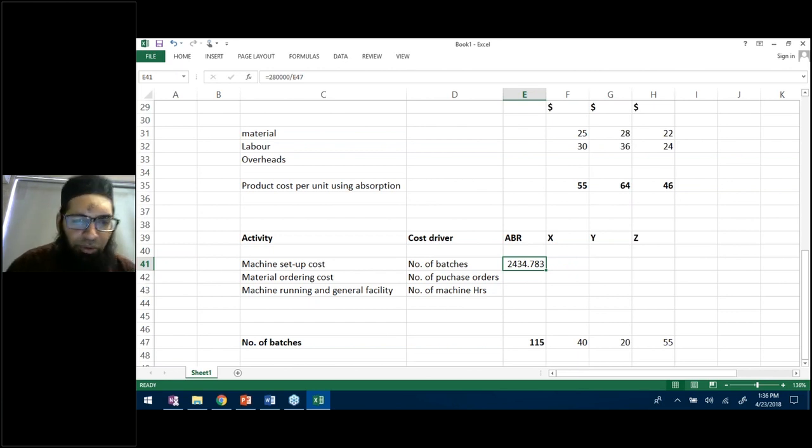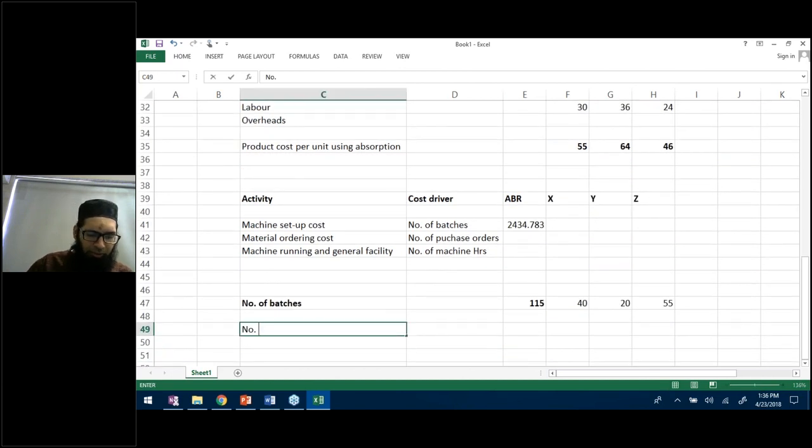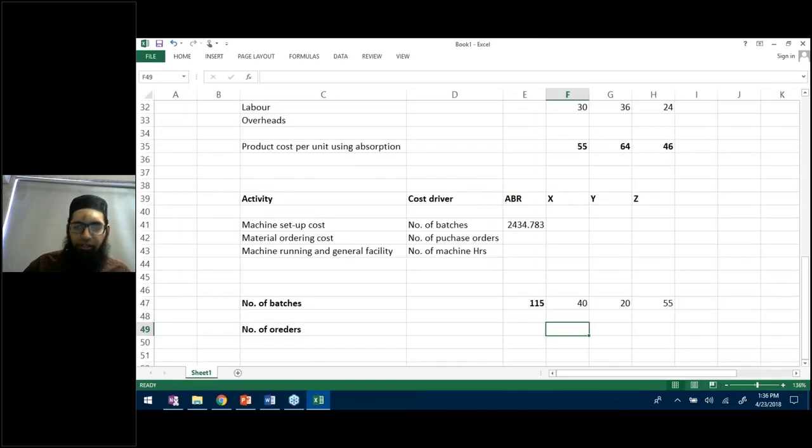Similarly, talking about the material ordering cost, we will be requiring the number of orders, and we have to work out this as well. The number of orders are 4 orders for a batch of X, 5 for Y, and then 4 for Z. That means my total number of orders for X will be number of batches multiplied by 4.